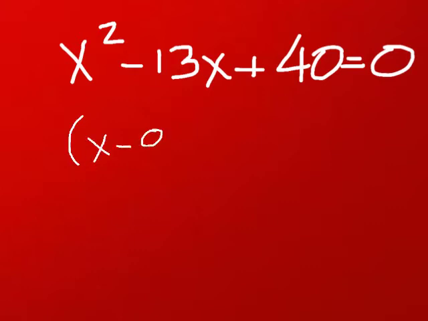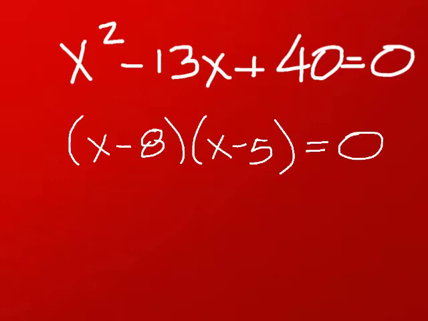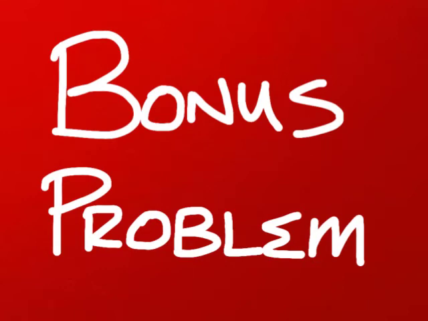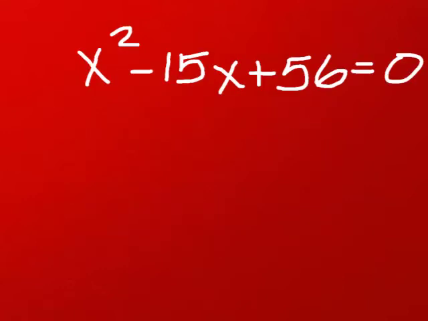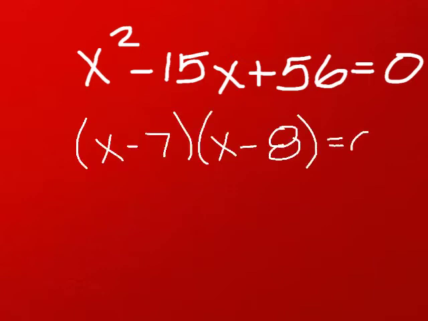X minus 8, x minus 5. Of course, that translates into a positive 8 or positive 5 for the answer. Another bonus. You should have x minus 7 and x minus 8 equals 0. So that translates into a 7 or an 8.